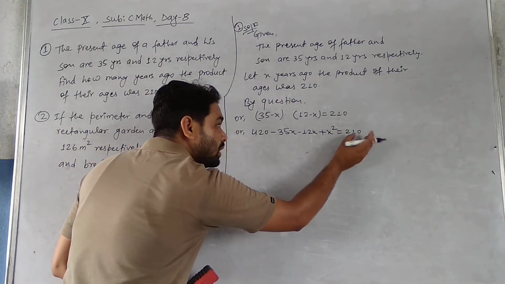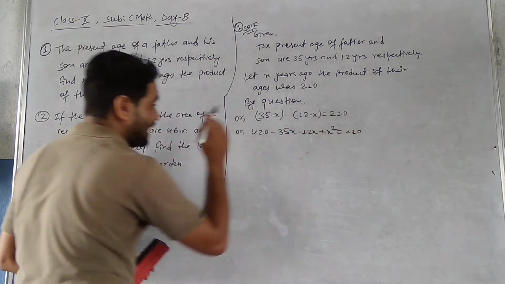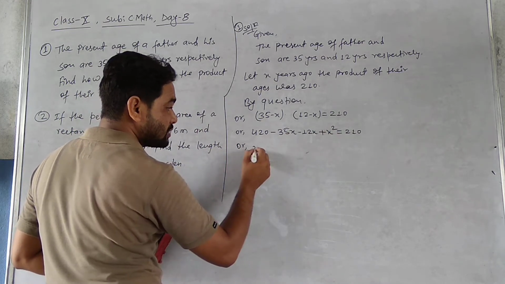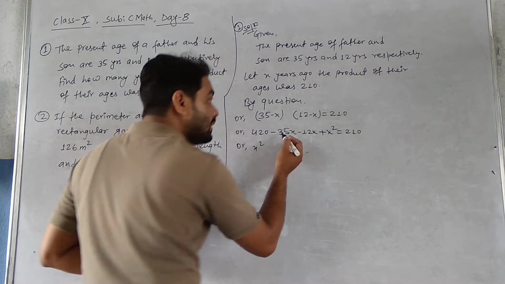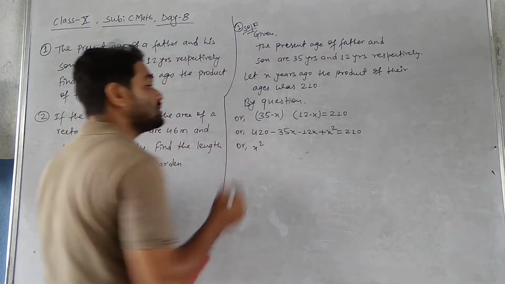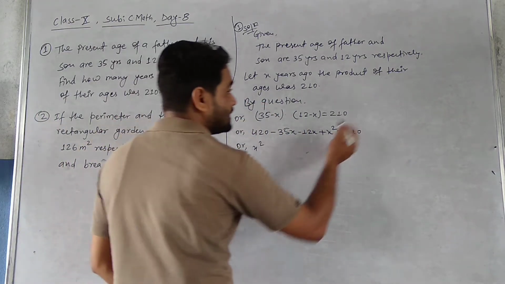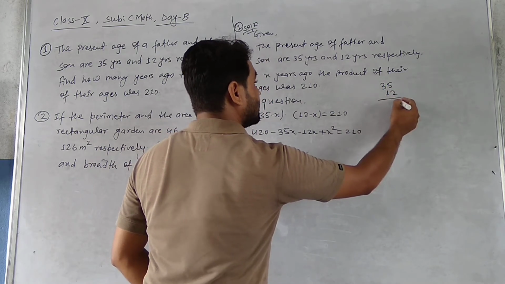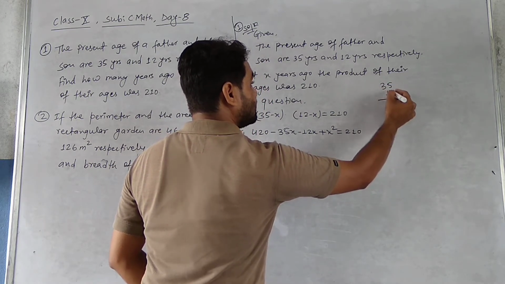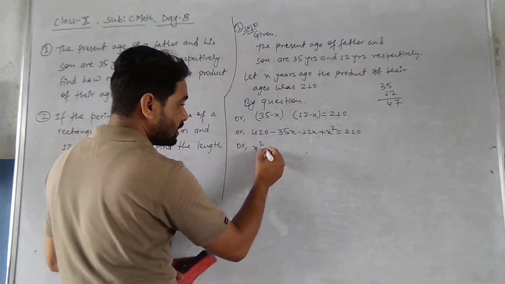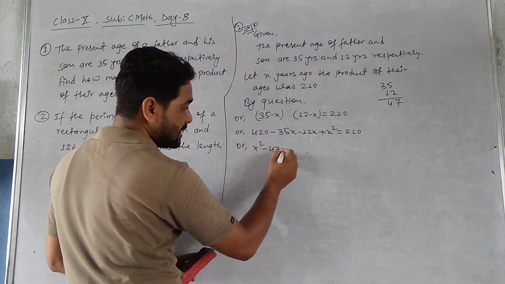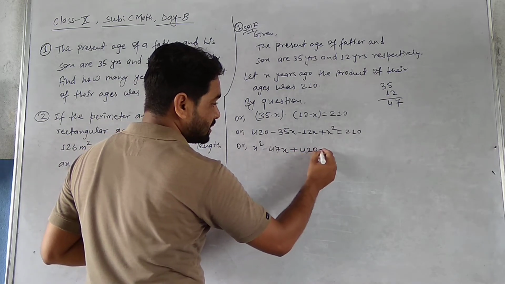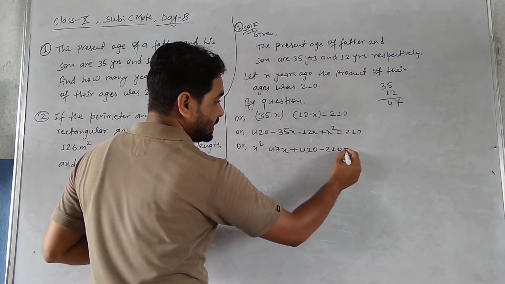Now bring this 210 to this side. So at first let's write x square, then minus 35x minus 12x. Let's add 35 plus 12. We get 47. That means minus 47x, and plus 420 minus 210 equals 0.